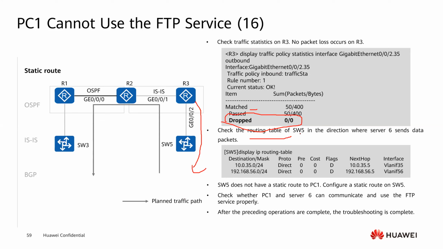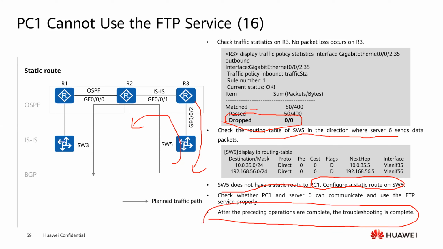We check the routing table of SW5 in the direction where server 6 sent the packet. We found that SW5 doesn't have a static route to PC1. SW5 lost the route to PC1. So we must configure a static route on SW5, and after we configure it, we find the troubleshooting is complete.